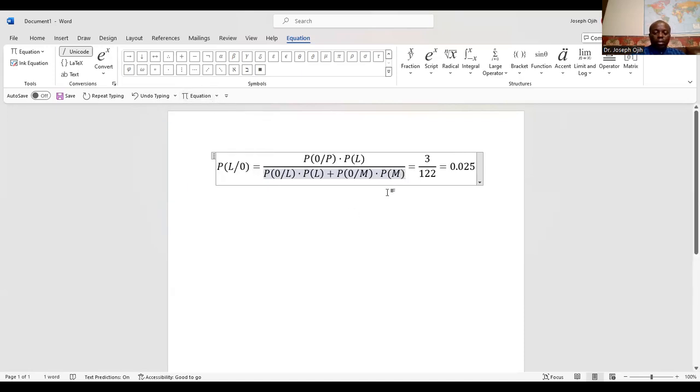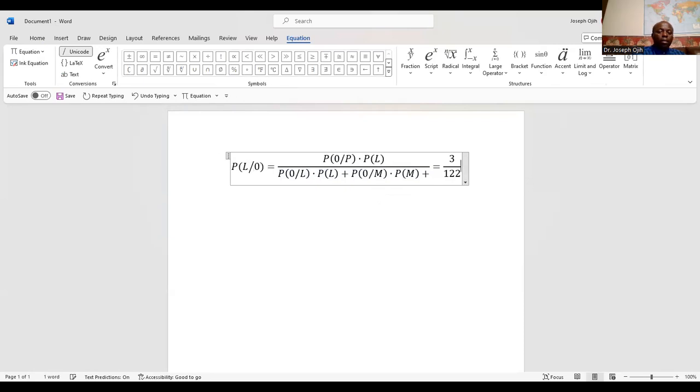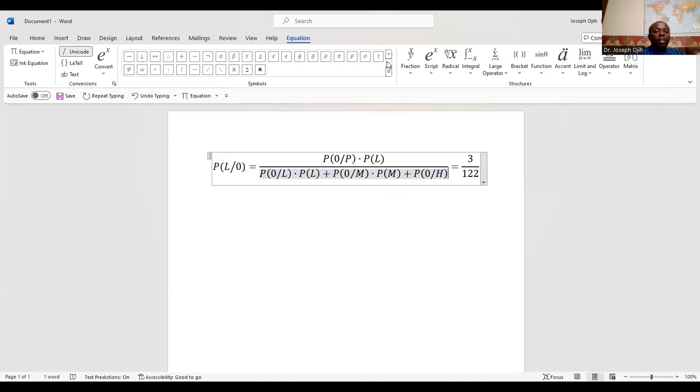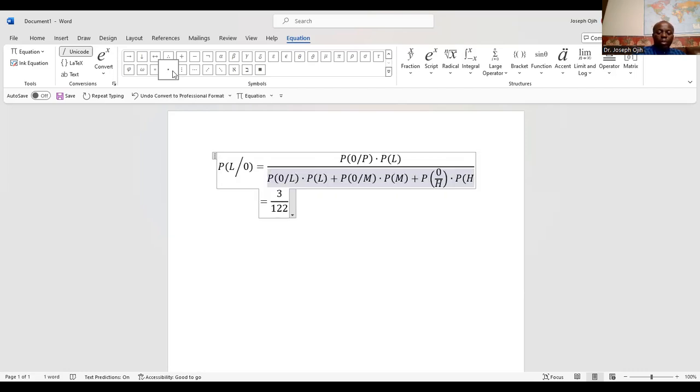Then plus, I'm going to remove some of these things here because they are blocking. Plus, the last one will be for heavy purchasers. Probability that he bought no book, given that he is a heavy purchaser, times the probability of heavy purchaser.